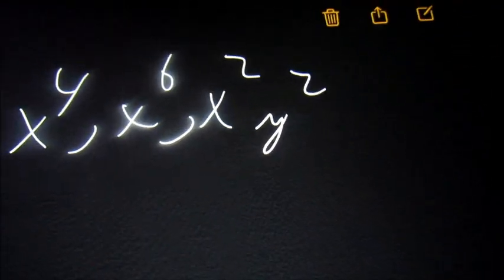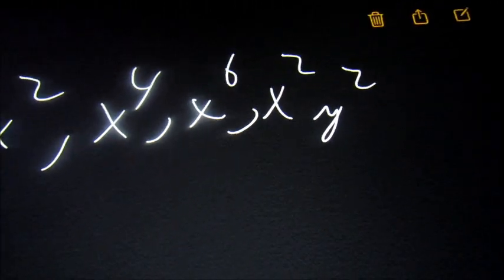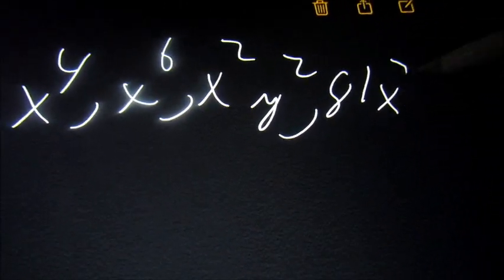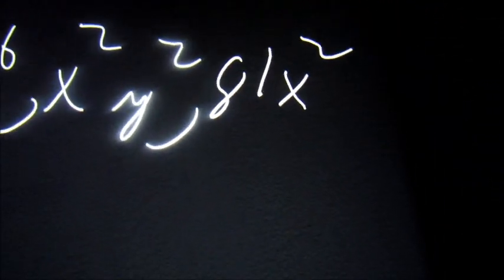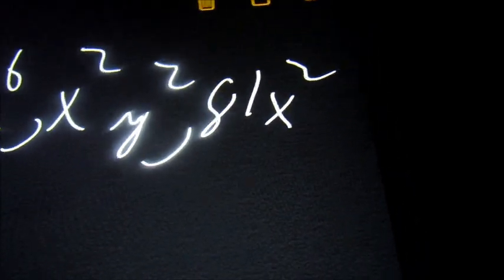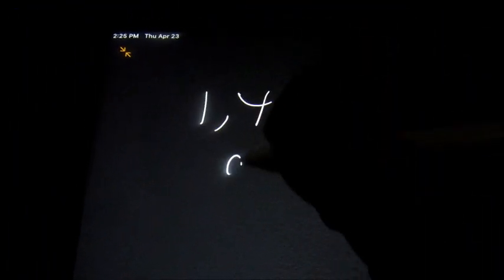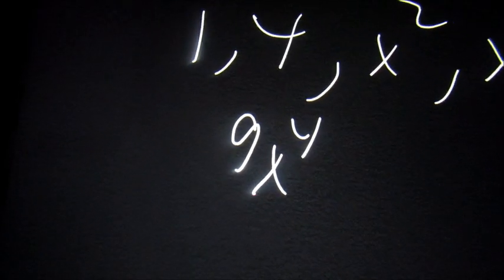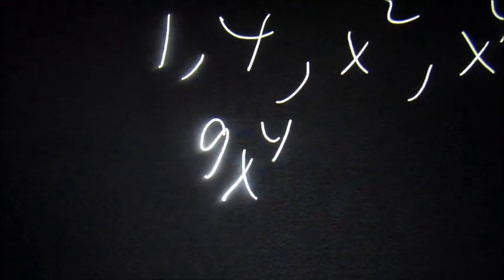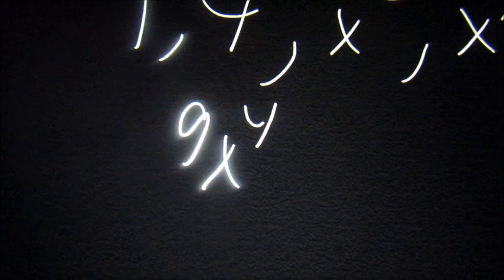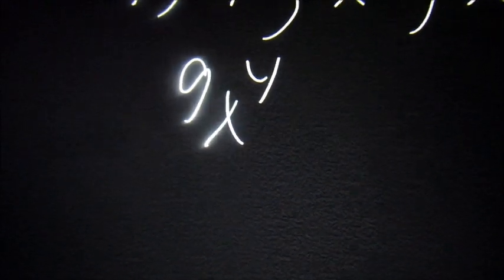X squared y squared is a perfect square. The square root is xy. 81 x squared is a perfect square. Square root is 9x. And 9x to the 4 is a perfect square. The square root is 3x squared.